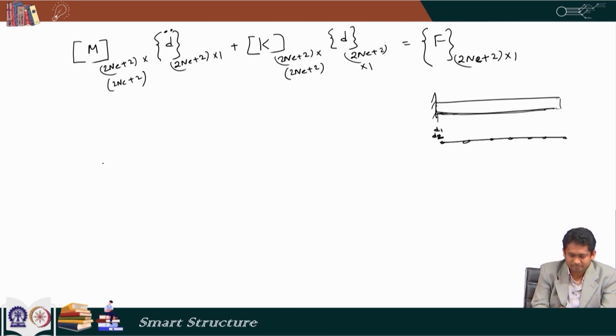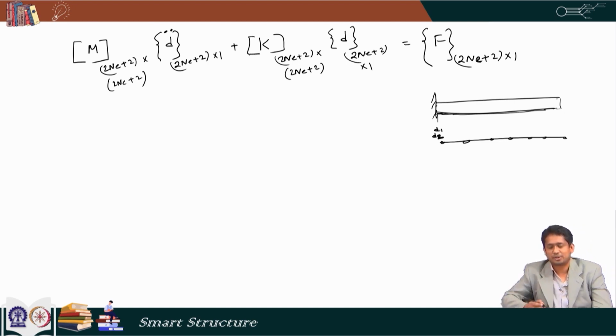So, in this case I have to then apply the essential boundary condition. To apply the essential boundary condition, what I do is I remove the first row and first column from both M matrix and K matrix, and that is how the system is reduced to a 2nE by 2nE system, because our D matrix is of size 2nE plus 2, and the first 2 degrees of freedom are already known to me, they are 0.